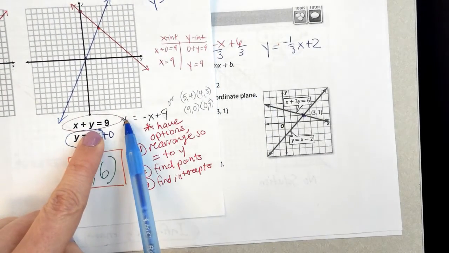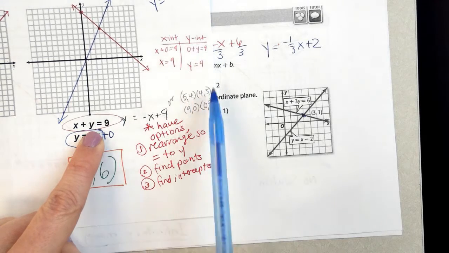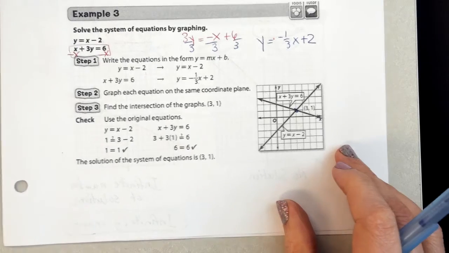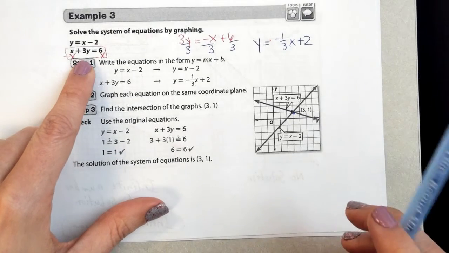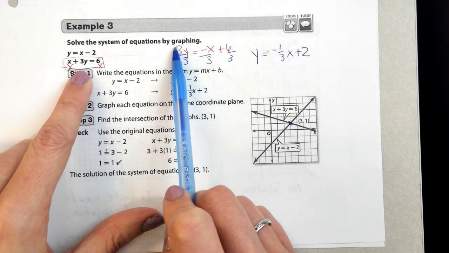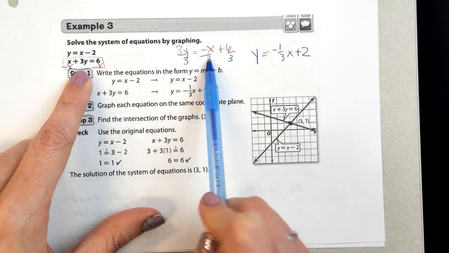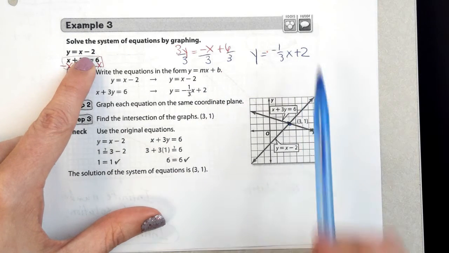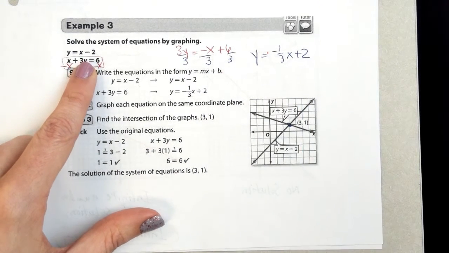We can solve for y, we can do our y-intercepts, we can do our points. Okay? So in this one we ended up solving for y. When you do that, remember, if there is a coefficient, you have to divide each term by that amount. And then once you have the two, graph them and find your solution.